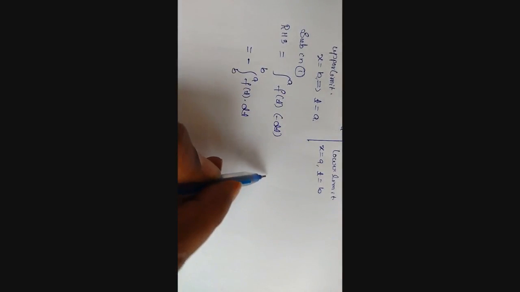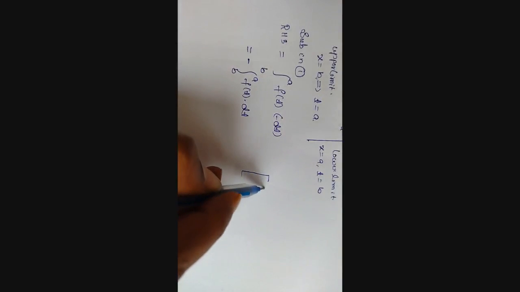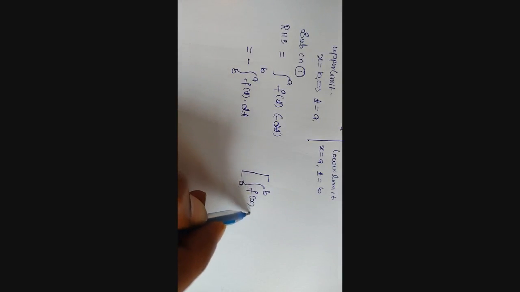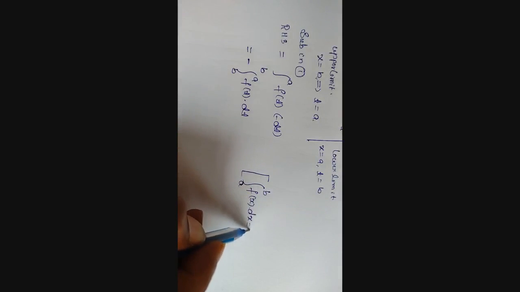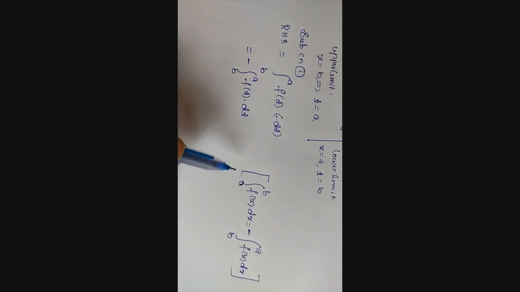We know the standard form that integration of a to b f of x dx is equal to minus integration of b to a f of x dx. Here the sign changes, meaning the lower limit and upper limit are interchanged, so it is equal to integration of a to b f of t dt.